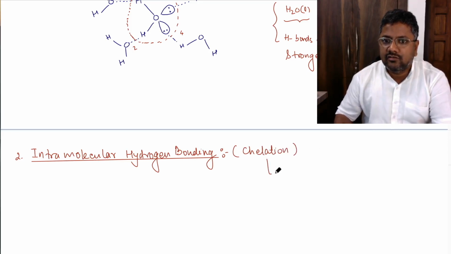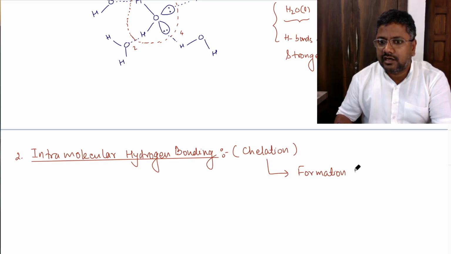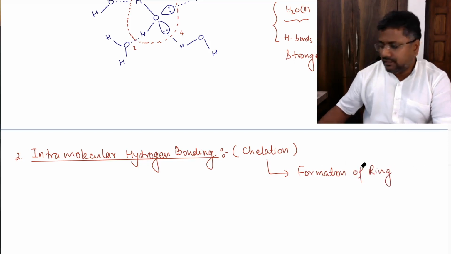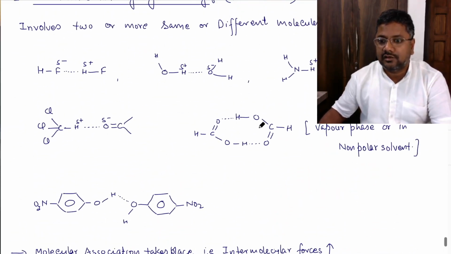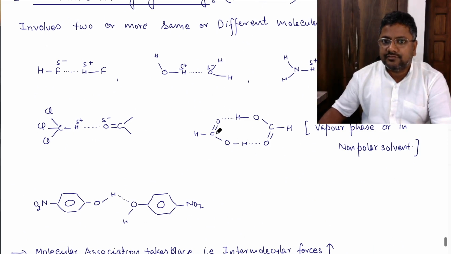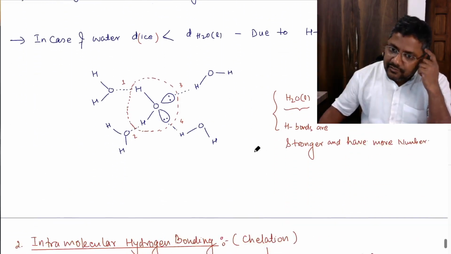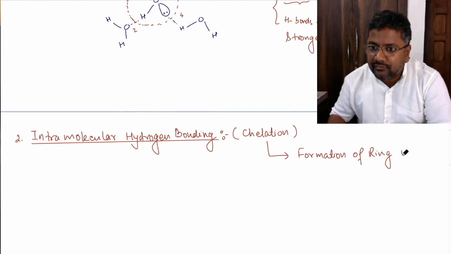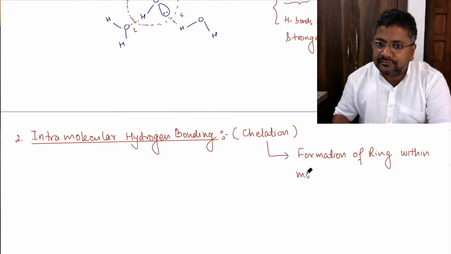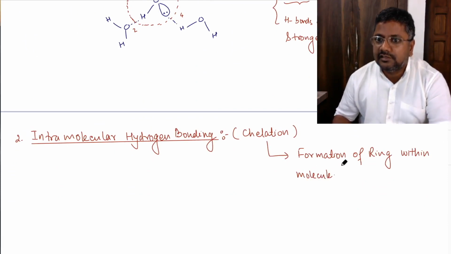What is the meaning of chelation? Formation of ring. See here, a ring formation is also taking place here, but this is not called chelation because this ring is formed between 2 molecules. If a ring is formed within the molecule, then it is called chelation.